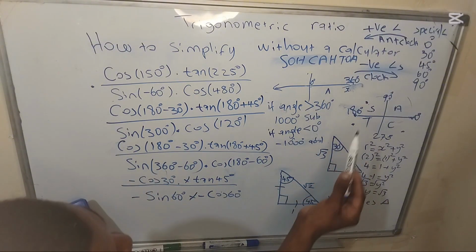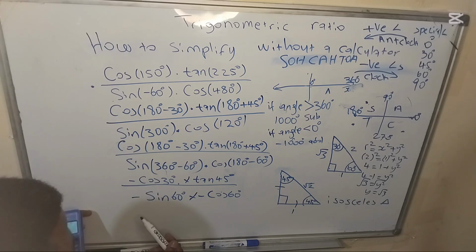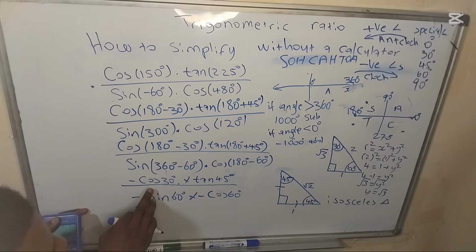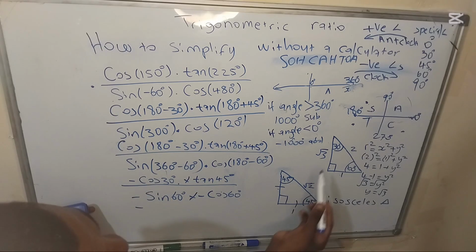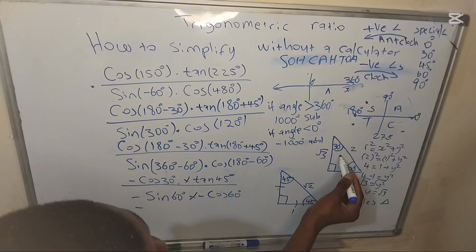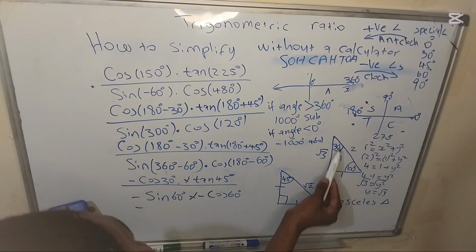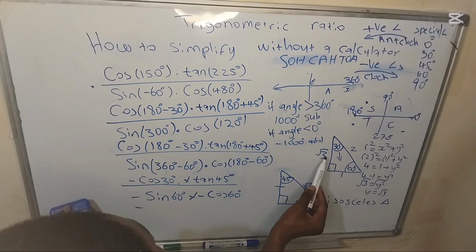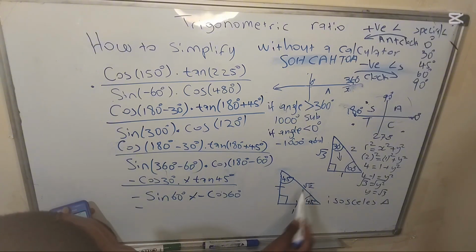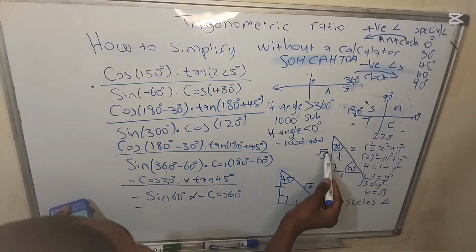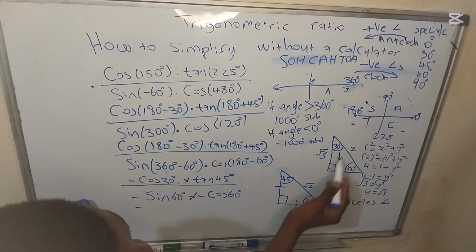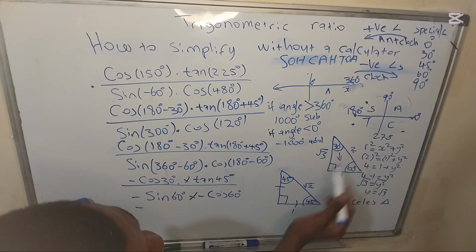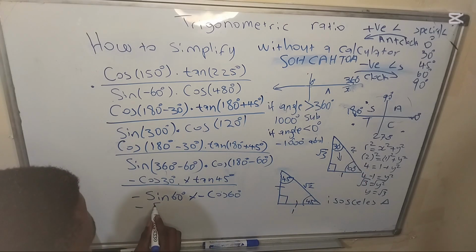So we have negative cos 30 degrees. Cos is adjacent over hypotenuse. Our adjacent is equal to root 3, so adjacent over hypotenuse is root 3 over 2 because our hypotenuse is equal to 2. So we have root 3 over 2.